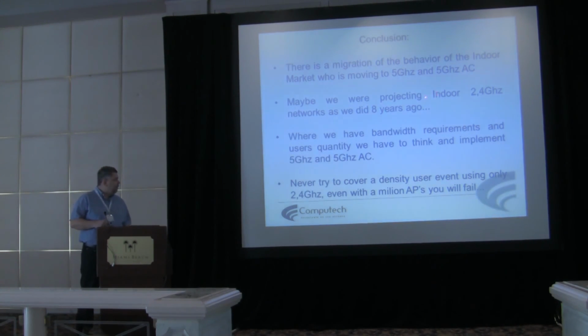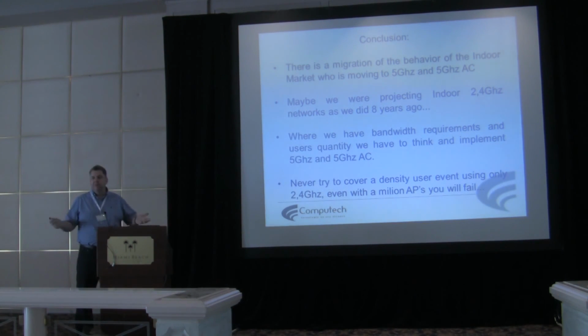Maybe we have to think that we are projecting some networks indoor using only 2.4 like we did 8 years ago. So we have to move our thoughts to this year, to the devices that we have this year. We are having bandwidth requirements and users quantity and projects.